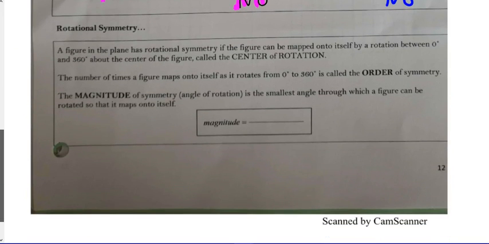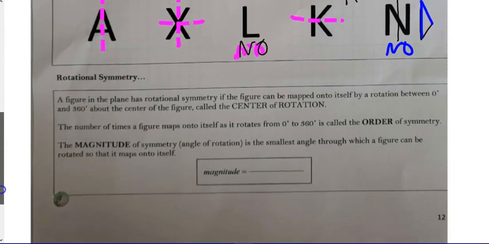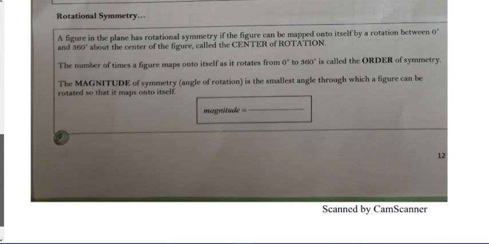Now, rotational symmetry. A figure in the plane has rotational symmetry if the figure can be mapped onto itself by rotation between 0 and 360 degrees about the center of the figure, called the center of rotation. The number of times the figure maps onto itself as it rotates from 0 to 360 is called the order of symmetry.